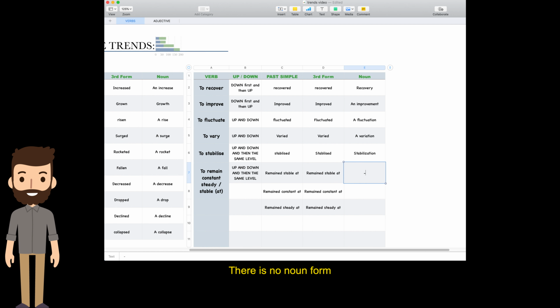Okay, so because it is a phrasal verb. And there you go. So let's look at what we have so far.